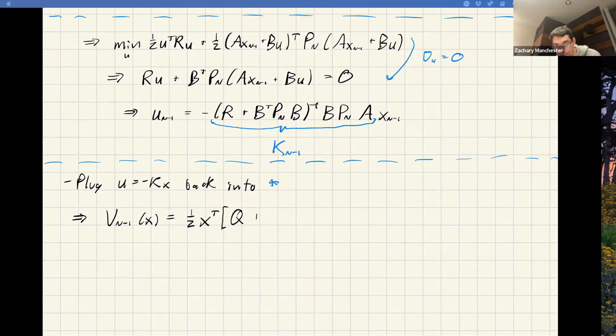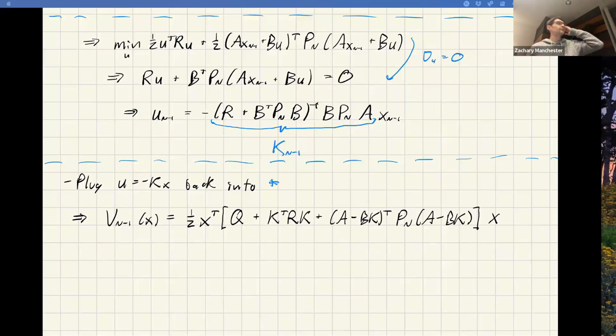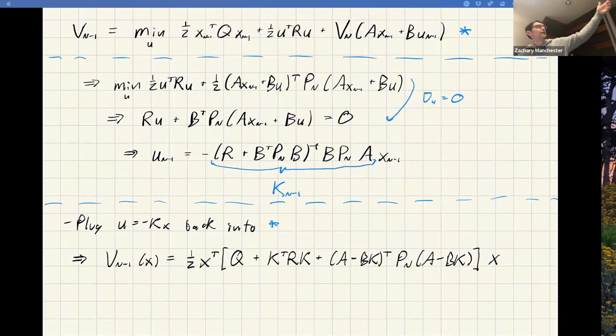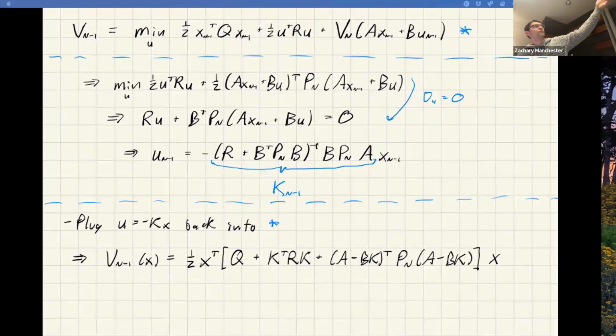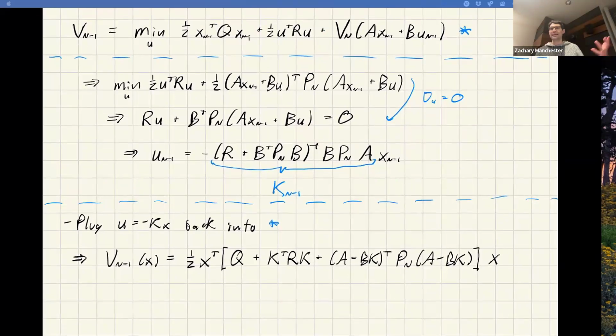So in particular, it looks like this. Okay, that's the whole thing, right? It's again just that line with u equals minus kx plugged in everywhere. Cool, and I get this thing.